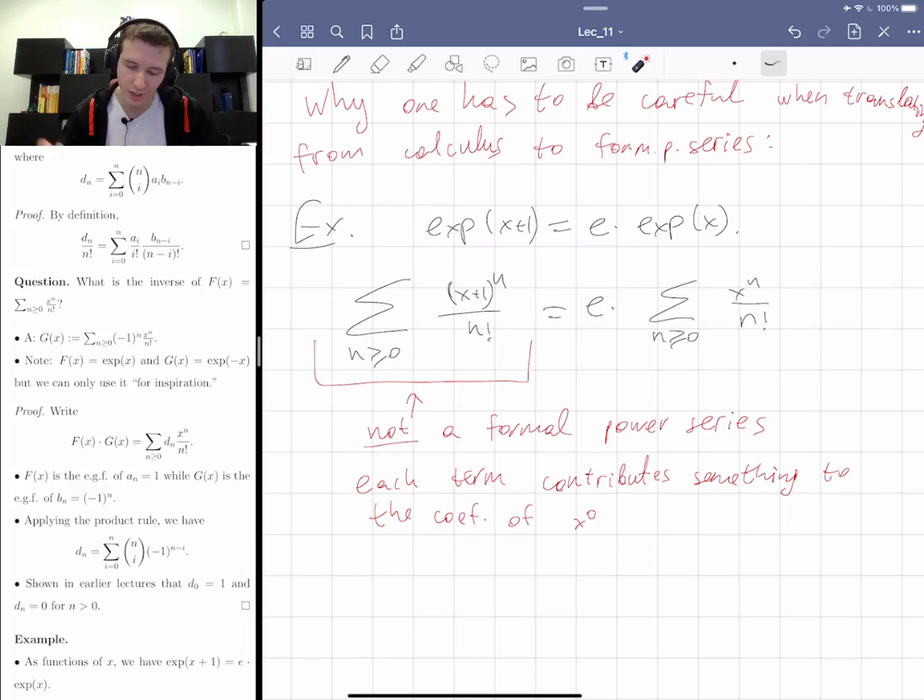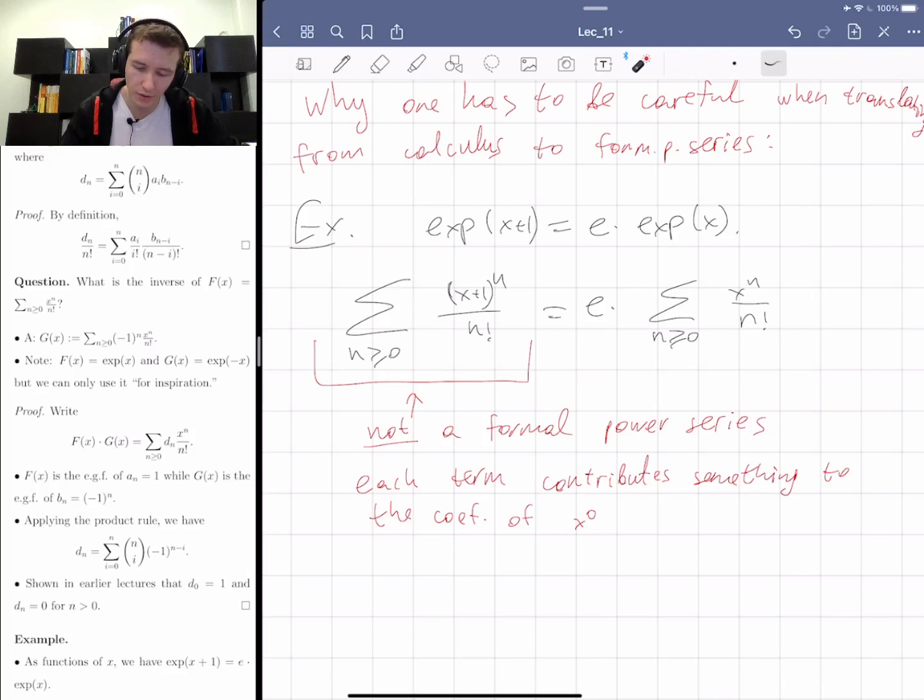But whatever, it doesn't matter. This is not a valid way to specify a formal power series. It has to be given without any calculus considerations. So you can't take an infinite sum of products like this if they all contribute to, let's say, the constant term.